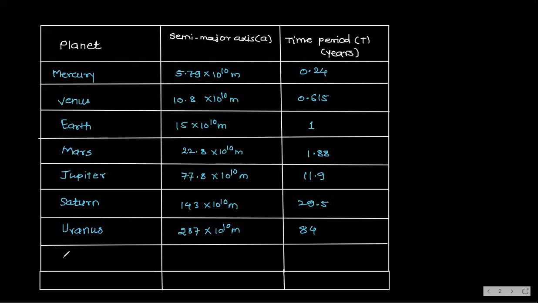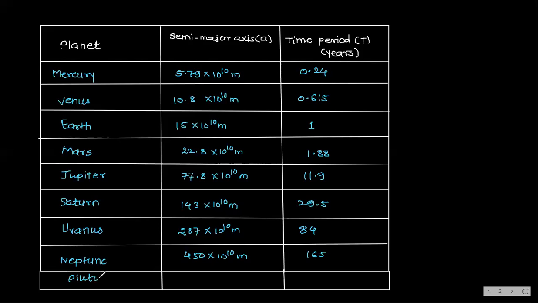After this is Neptune: 450 into 10 to the power 10 meter, and it takes 165 years for a complete rotation.